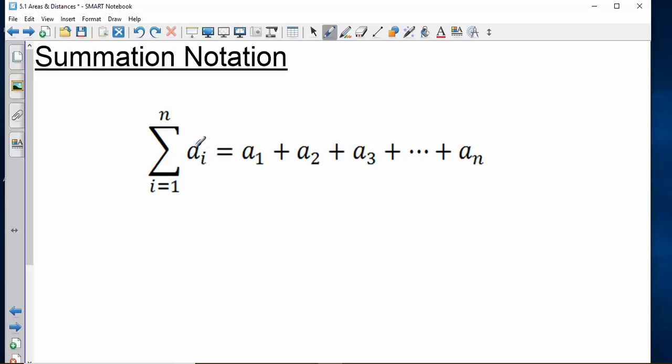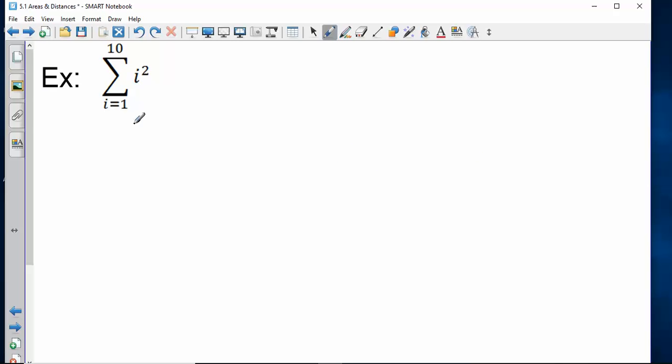So, the summation notation, it's the sigma. It just means you're going to add things, starting with 1 and ending at a particular number. So if I gave you this formula, it says you are going to add up from i equals 1 to 10 of i squared. So in other words, you are plugging these numbers in for i. So the first one you would plug in is 1 and you put it into the formula. So 1 squared plus 2 squared plus 3 squared. Where do we stop? Right.